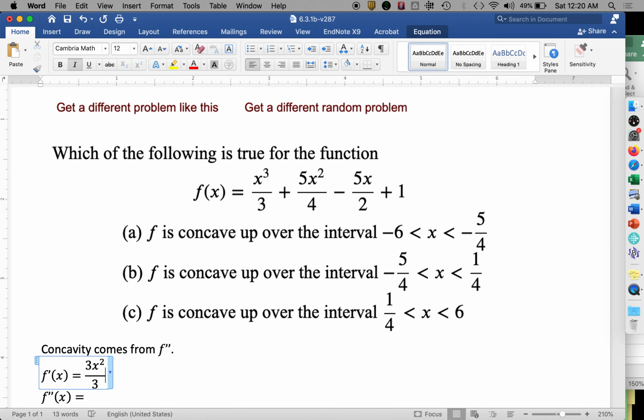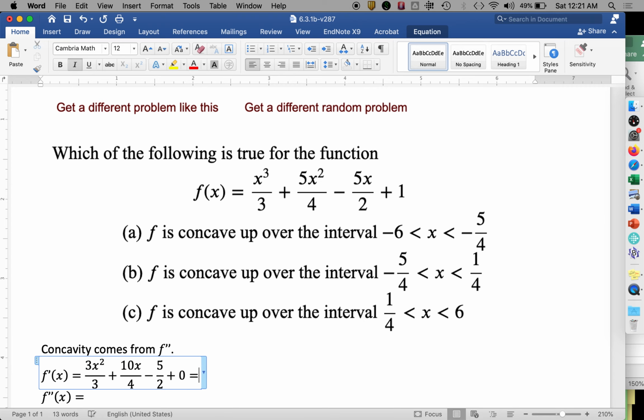Okay, and then the same kind of thing we can do with the 5x squared over 4. I can say 2 times 5 is 10, x to the first, and then divided by 4. And then minus, and remember, if you have m times x, the derivative of that is just the m. So that's going to be 5 over 2. And then, of course, the derivative of a constant is 0.